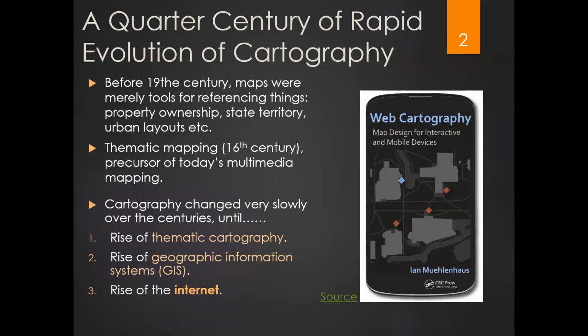Here, let's just limit GIS to geographic information systems. And the third milestone is internet. Internet is not only a milestone for cartography or for geography, it's a milestone for human history, isn't it? So I'm going to talk about each of these milestones a little bit, okay?